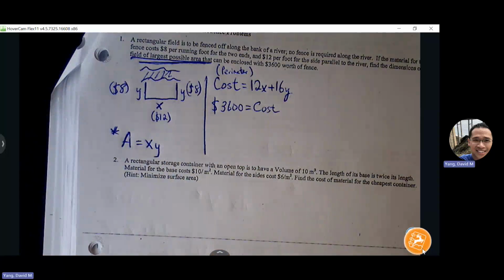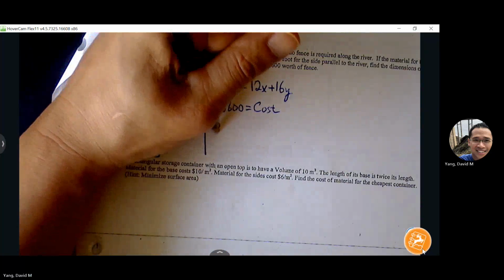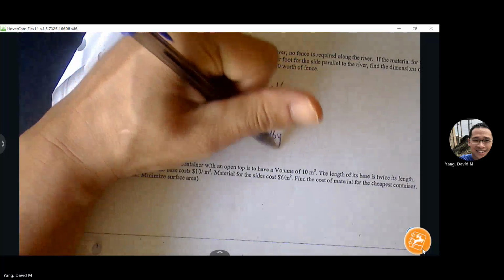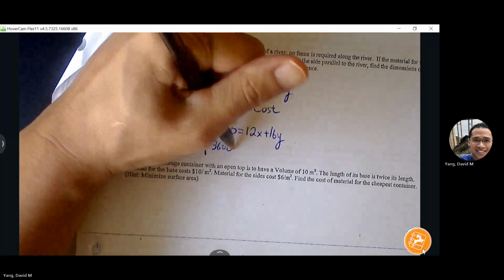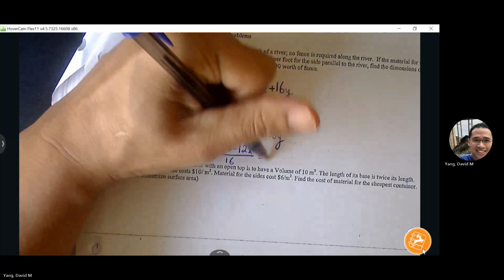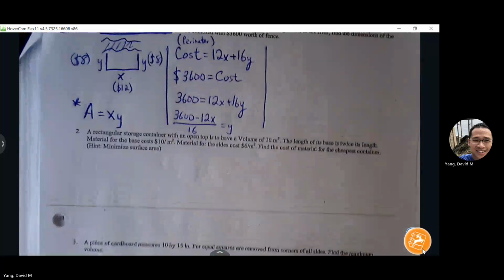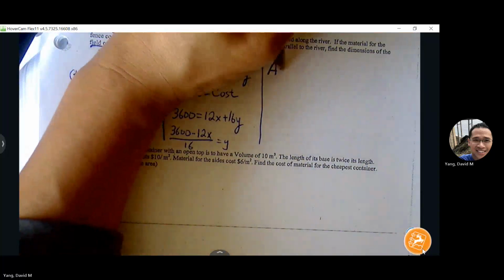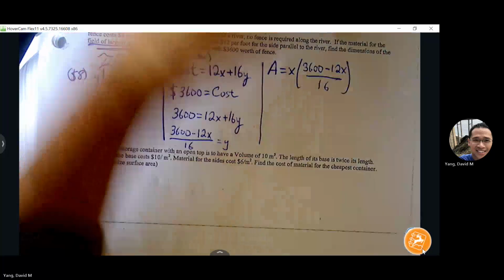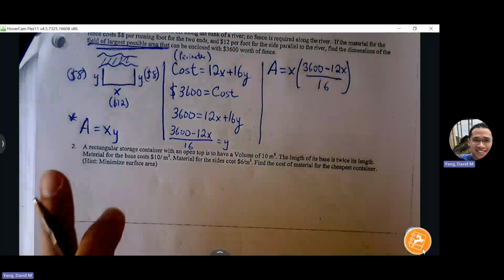Just my preference to find the derivative in terms of x, but it's really up to you. Again, power rule is the only thing you need here.